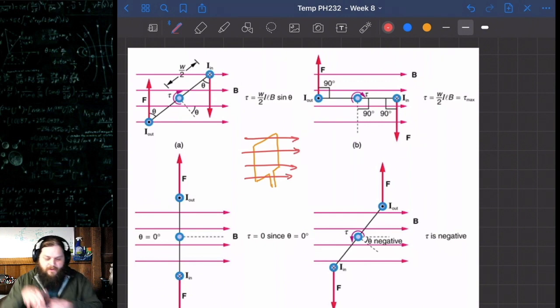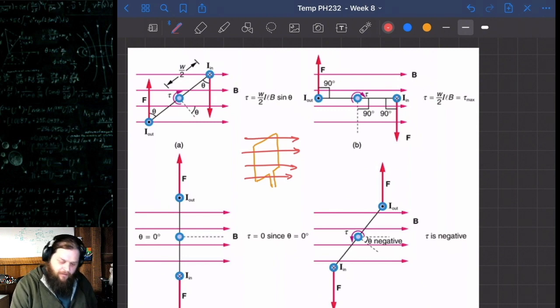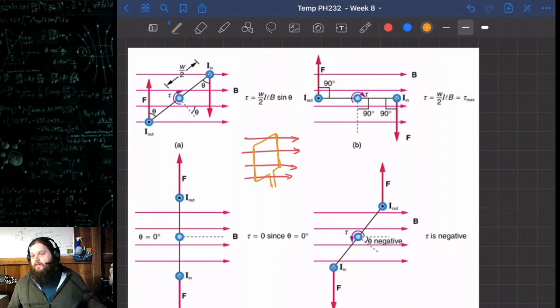The forces on the tops and bottom parts of the wire are not going to have any torque associated with them, because at every point along there, the forces are going to cancel each other out. But the vertical lines up and down are going to have some torque associated with them, and it's going to be dependent on the direction of the current going through them.